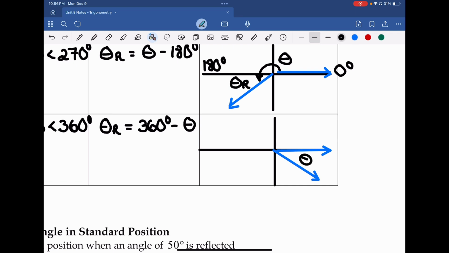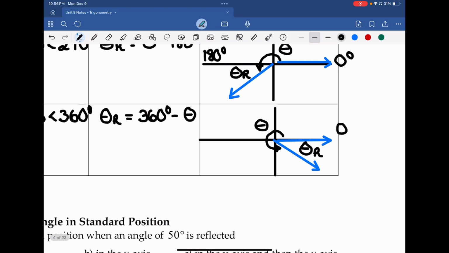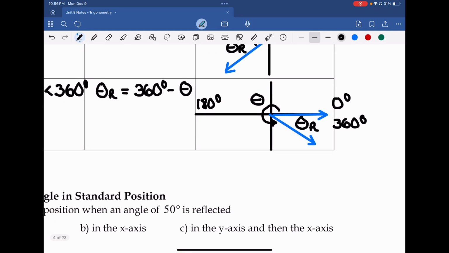We know that between the terminal arm and the x-axis, this is considered to be the reference angle. In order to get this angle, I had to rotate counterclockwise all the way around here by some amount of theta, or some angle in standard position. And then if we look at this using our measures here, we started at 0, we rotated past 180, we got all the way over to where it's nearing 360, not quite at 360.